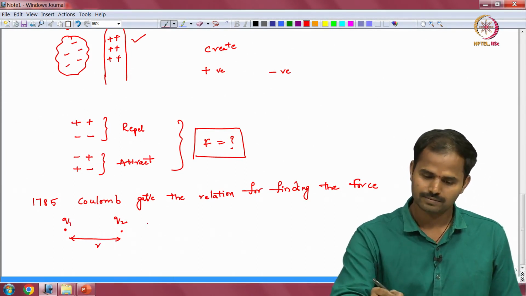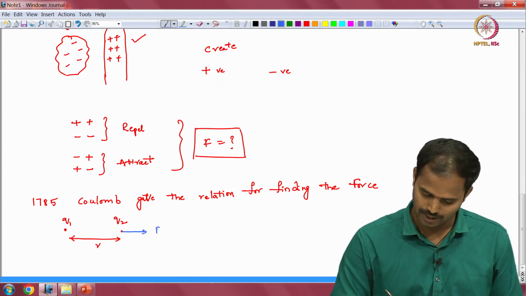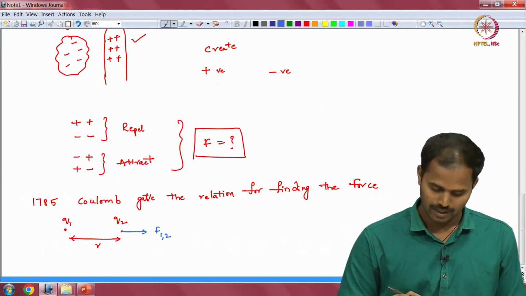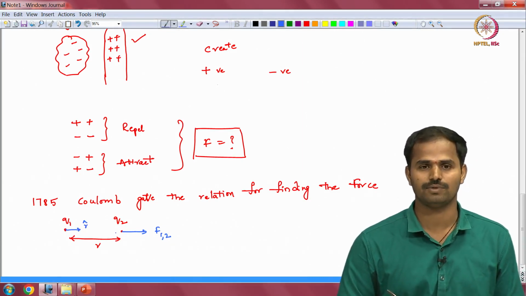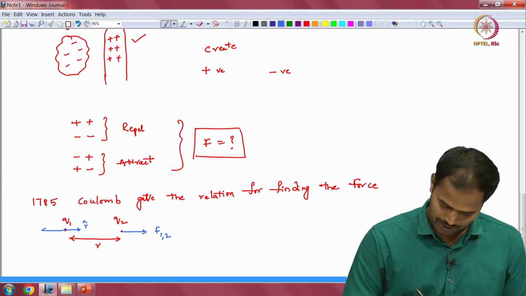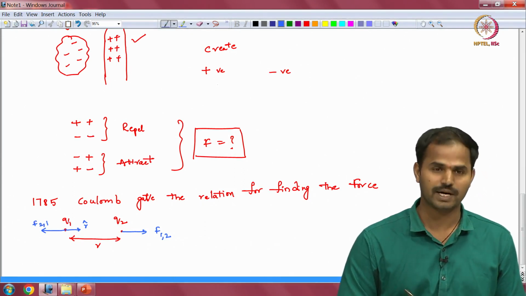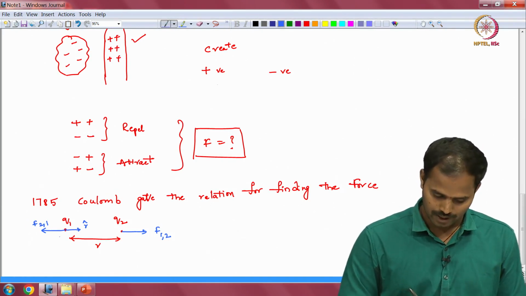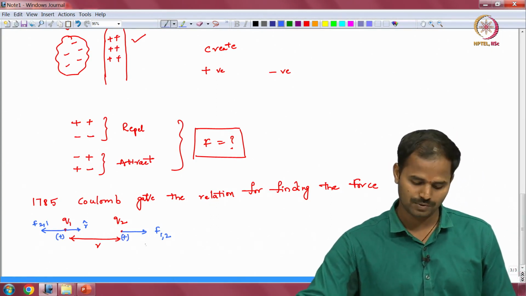We want to find the force acting on q2 with respect to q1, that is F12, and I am considering the unit vector r to find the direction of the force. The repulsion force acting on q1 with respect to q2 is F21. I am assuming that both are positive charges.